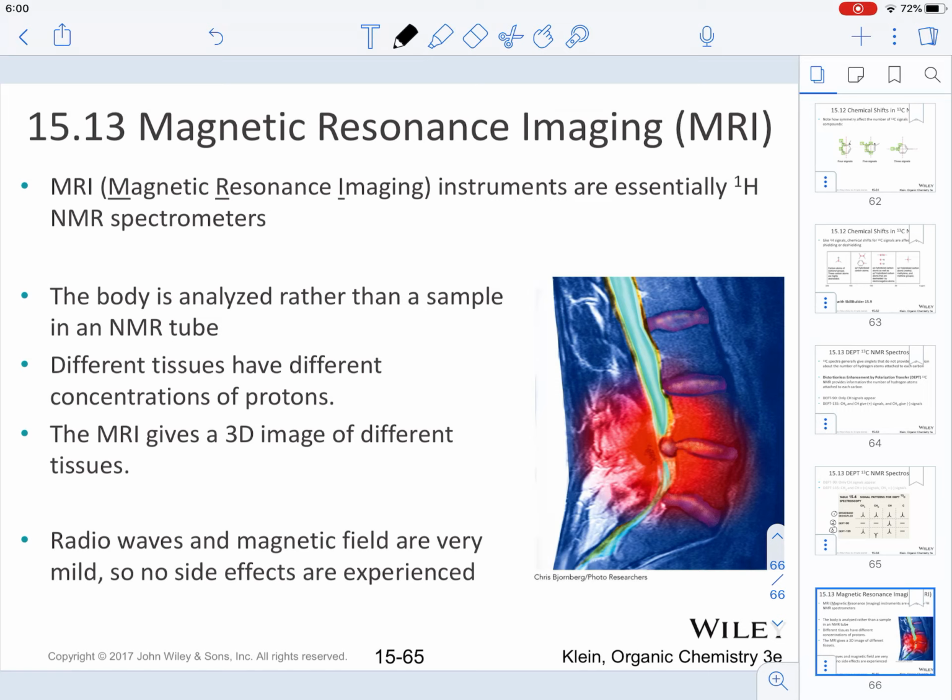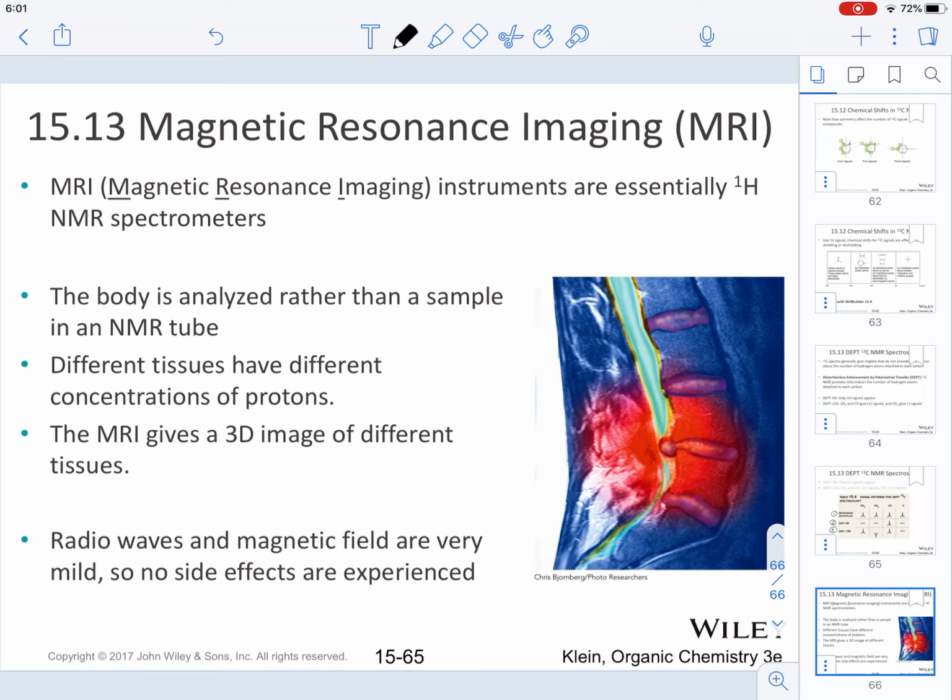If we look at what an MRI machine is, it is essentially a proton NMR spectrometer. Now, the body in this instance is going to be analyzed as a whole rather than in a sample like we do in the laboratory for organic compounds.